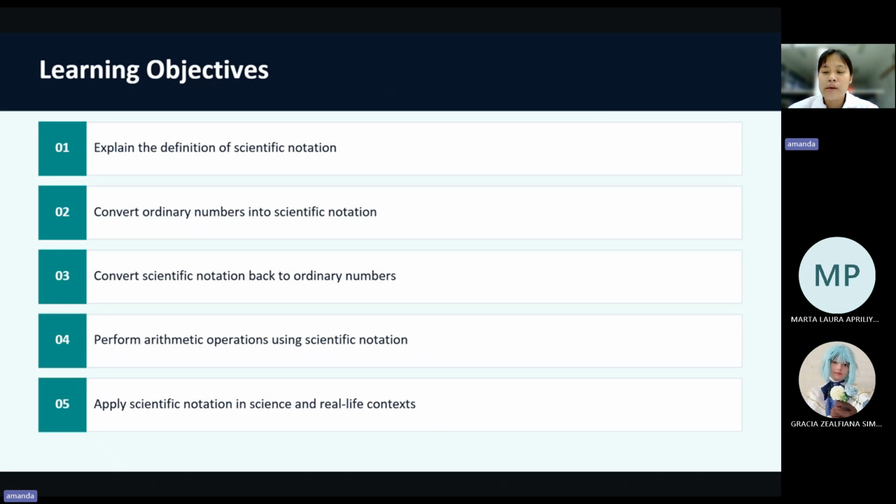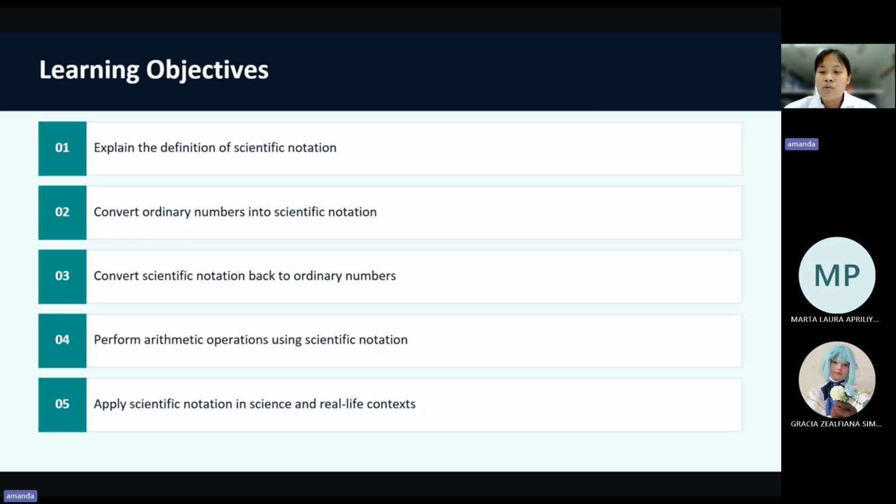Second, you will be able to convert ordinary numbers into scientific notation. And third, you will be able to convert scientific notation back into ordinary numbers.